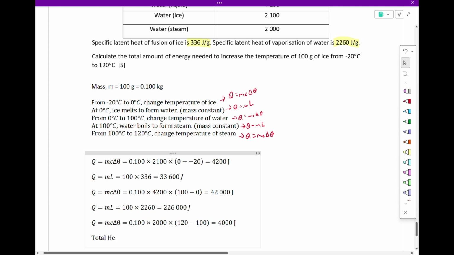Okay, so total heat gain is 4200 plus 33600 plus 42000 plus 22600 plus 4000.